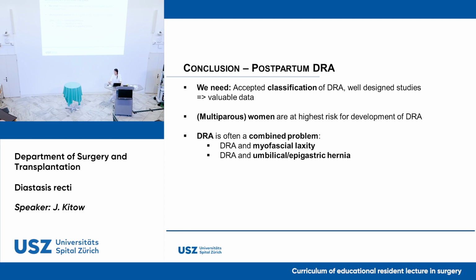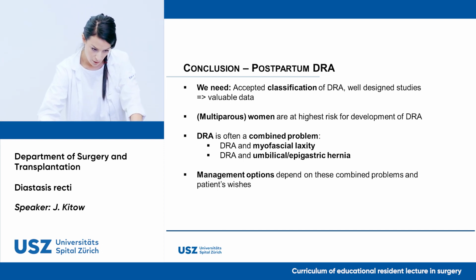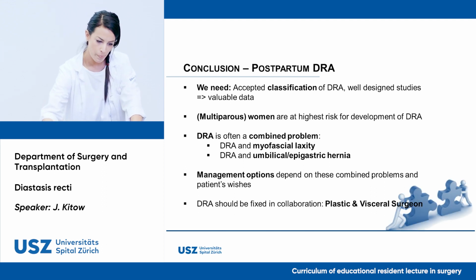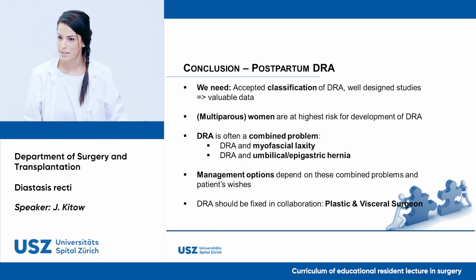A DRA is often a combined problem with myofascial laxity and/or umbilical or epigastric hernias. The management options we have depend on the combined problems and on the patient's wishes. And the DRA should always be fixed in collaboration between visceral and plastic surgeons.